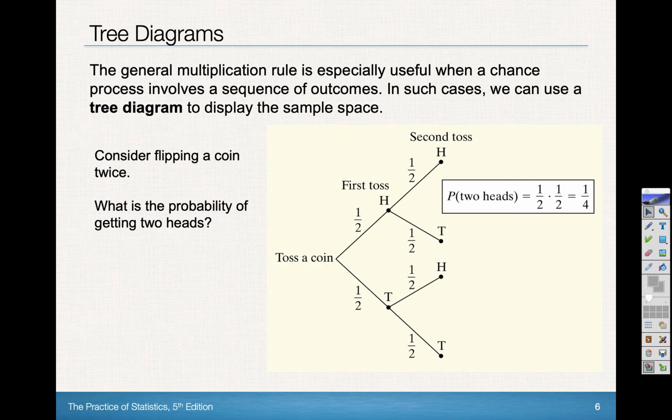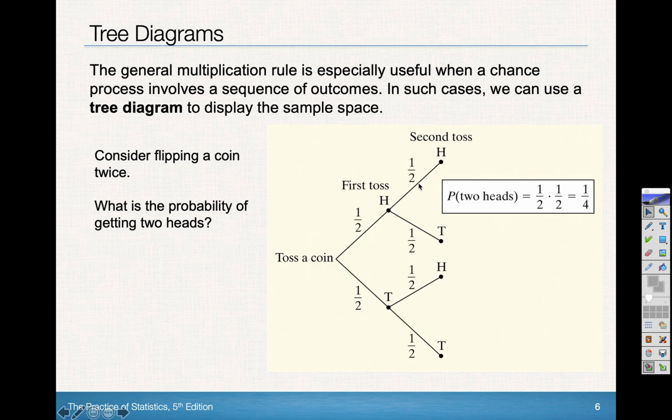It's easier when we're dealing with probability sometimes to use a tree diagram when figuring out a sample space and then using that to find your probability. For example, if I'm flipping a coin twice, so 2 coins, my first toss, I have 2 options, heads or tails. Okay.